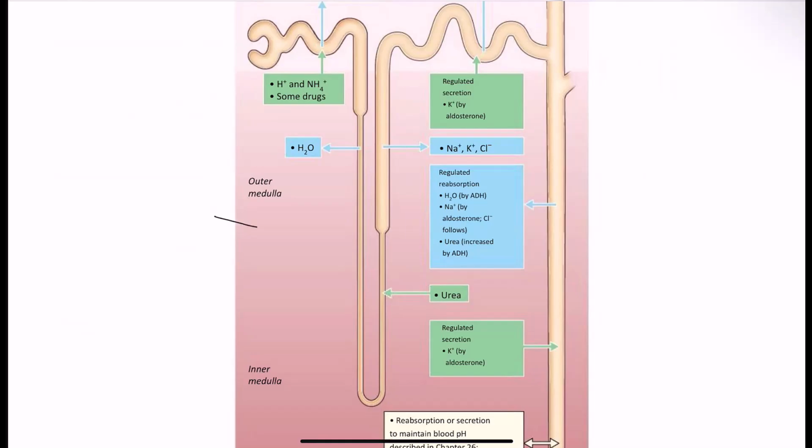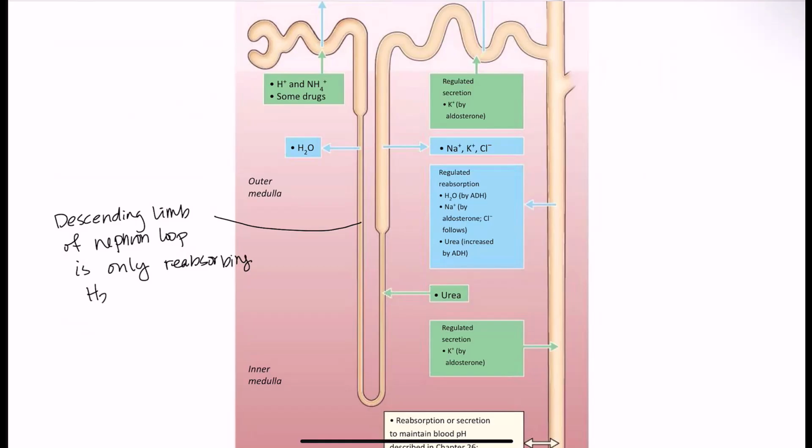So the descending limb of the nephron loop is only reabsorbing water. Not solutes. That becomes really, really important later.